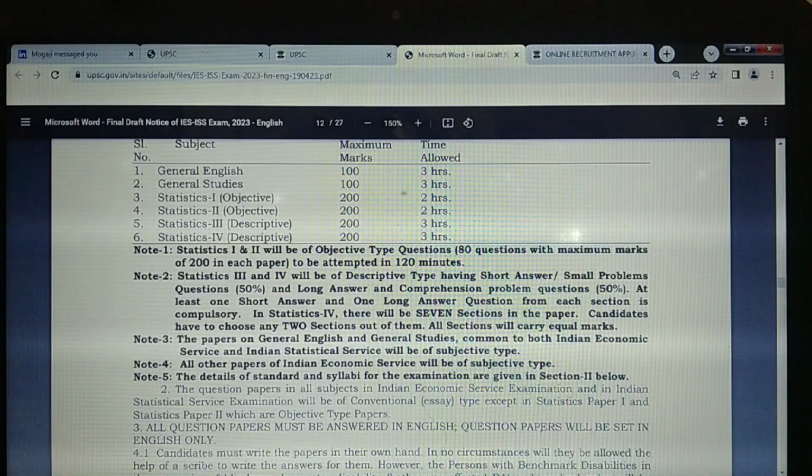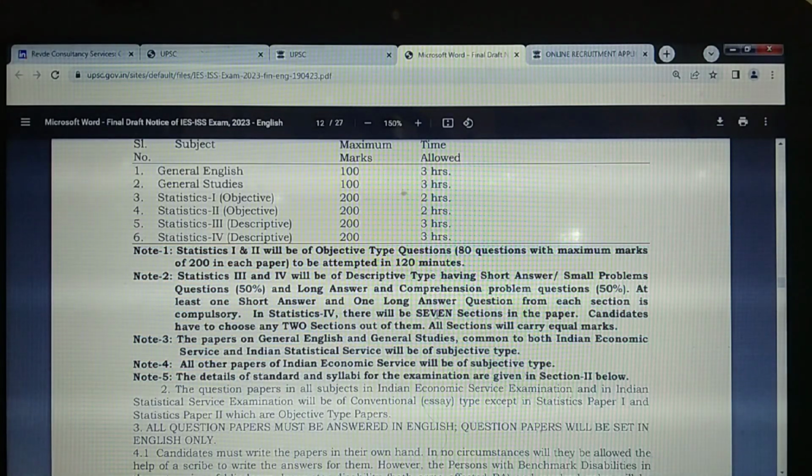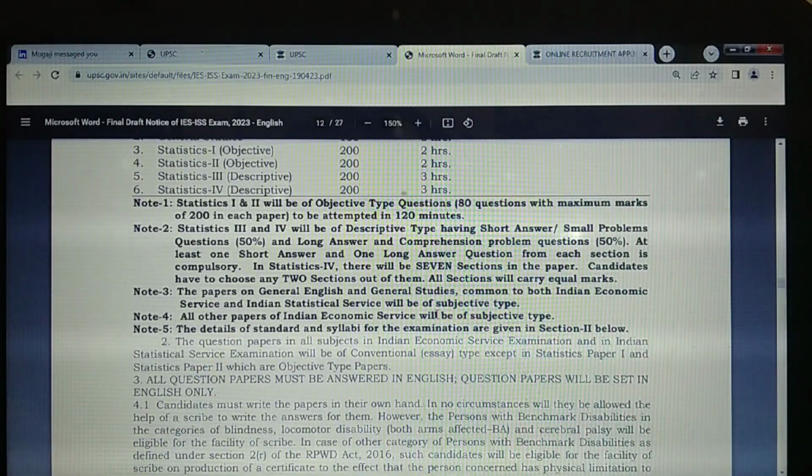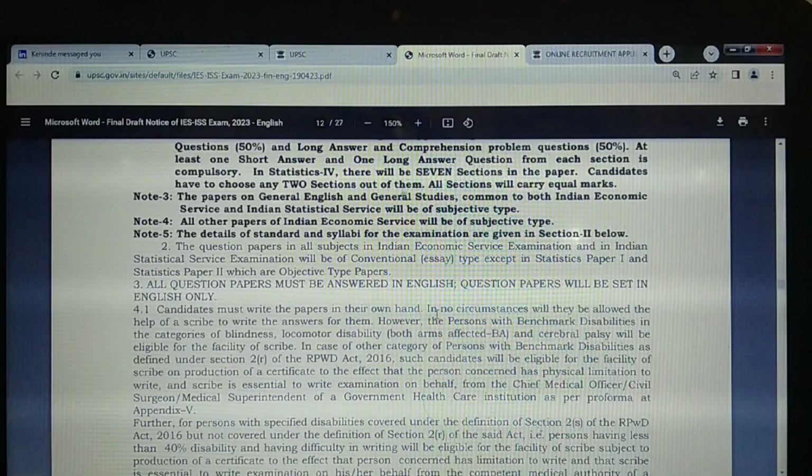So you can read this for confirmation if you have any doubts related to the papers for the exam. All question papers must be answered in English only, in written mode, in English medium.